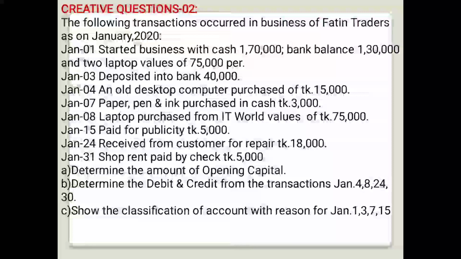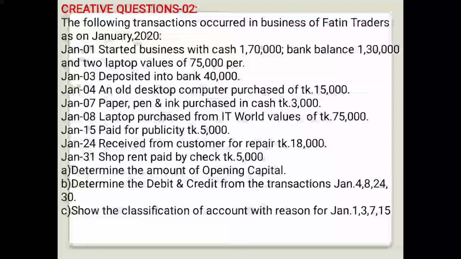So for the first transaction: cash account debit, bank account debit, office equipment account debit, and capital account credit. Repeat again: cash account debit, bank account debit, office equipment account debit, capital account credit.